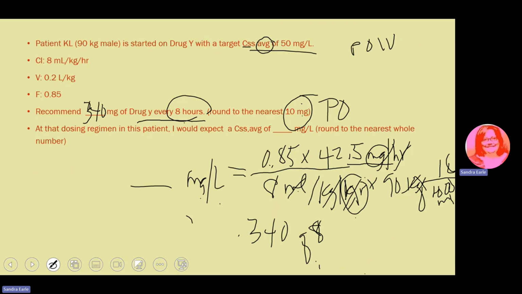Let's see, did I do that right? Okay, I don't think I did that right. Let's see. Eight. Wait, 340. Sorry.